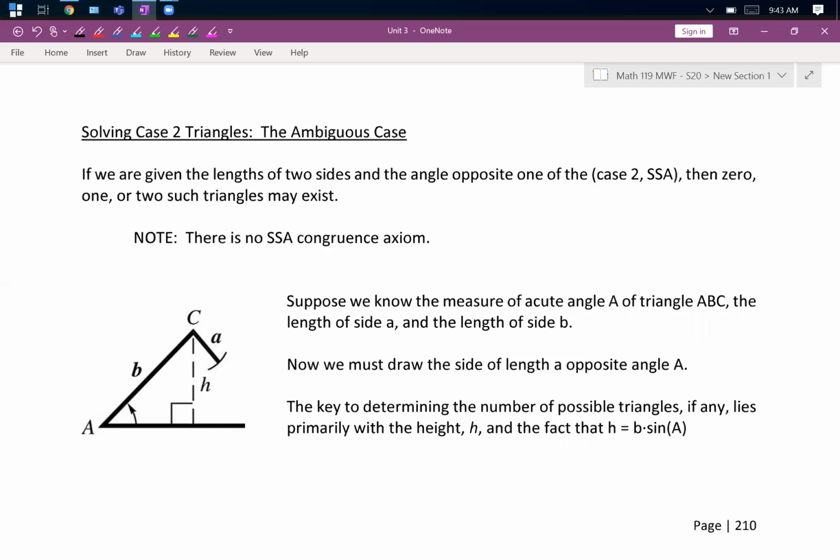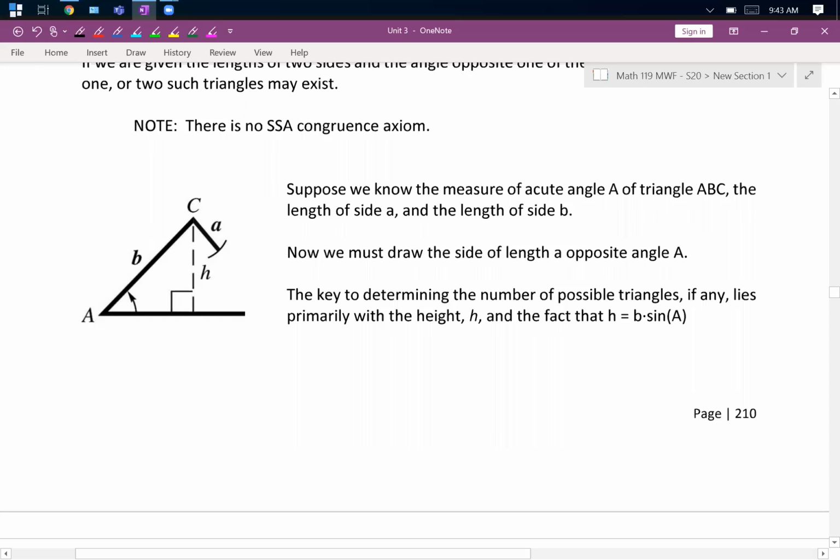Please recall that there is no SSA congruence axiom. So suppose that we know the measure of some acute angle A of a triangle ABC, the length of side a and the length of side b. Now we must draw the side of length a opposite angle A. The key to determining the number of possible triangles, if any, lies primarily with the height h and the fact that h is equal to b times sine of A.